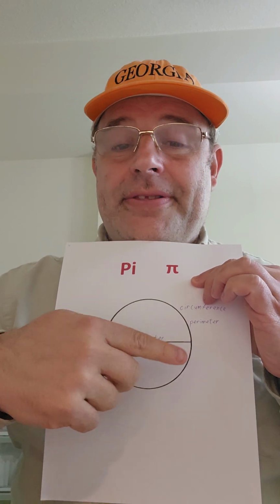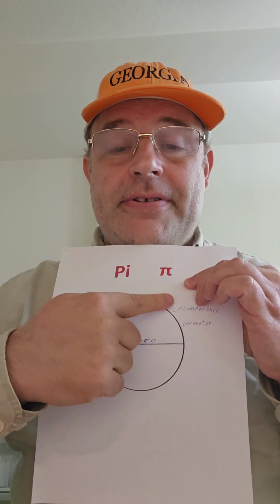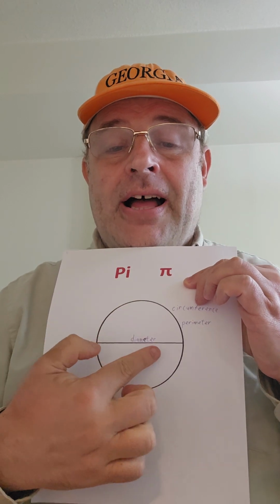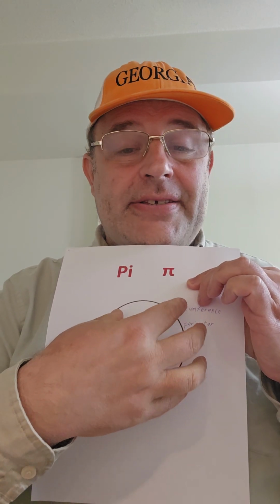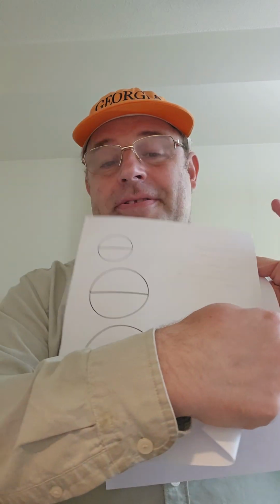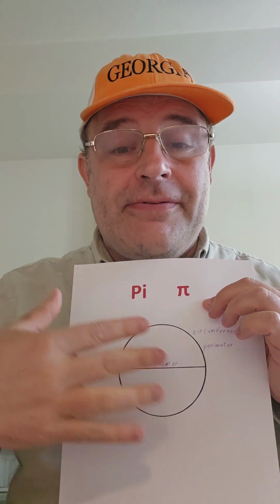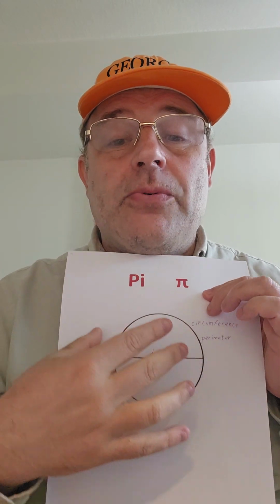So if I get back to that, let's say we compare the length of the line, the diameter versus the line of the circumference. How many times bigger is the circumference compared to the diameter? Based on what I explained on the previous picture with Mr. Frankish and myself, it makes no difference how big or small the circle is.